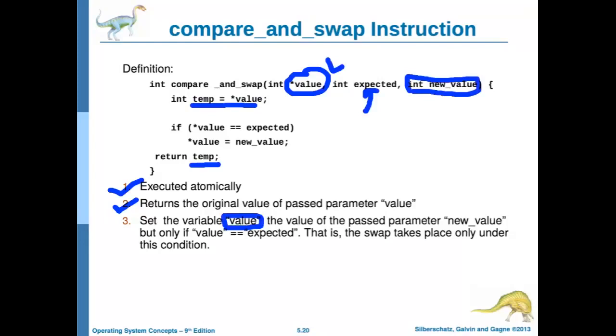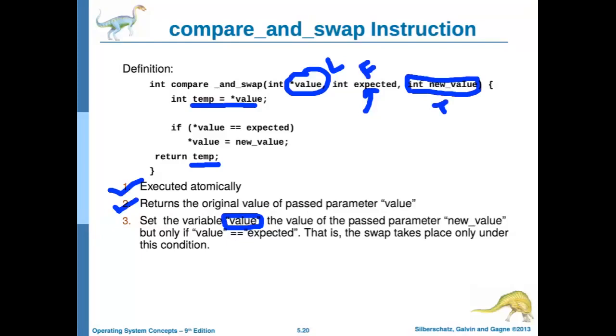So in simple terms, if I want to implement exactly the same as test and set, this is my lock variable. What I expect is false, and the new value I want to set is true. The meaning of this is if the value of lock is false, set it to true. That's it.